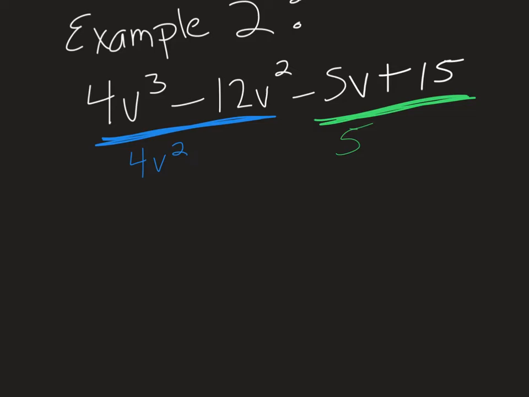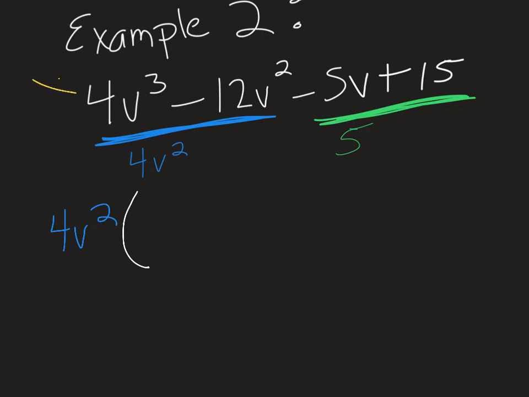So step 3, now I want you to pause the video and try step 3 yourself. I want you to factor the greatest common factor out of each group and then write what's left over when you get finished. So what I mean by that, for example, I want you to take the 4v to the second and factor it out.